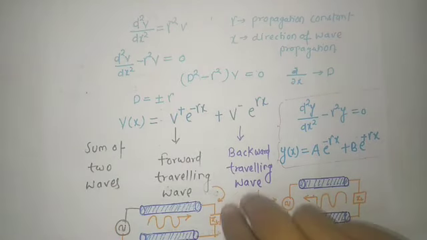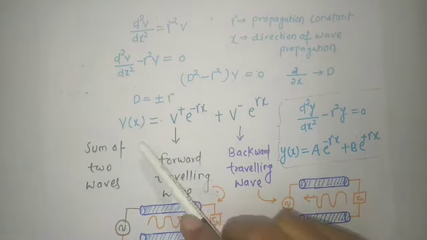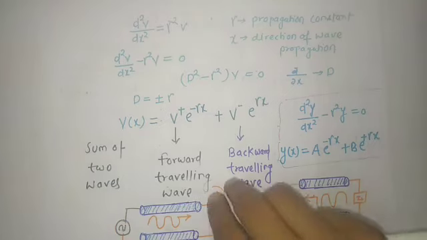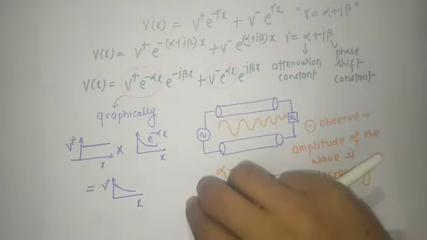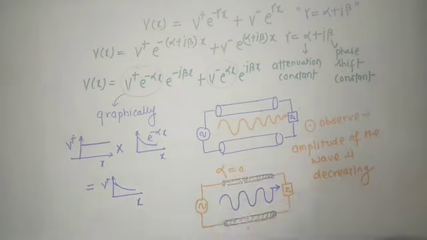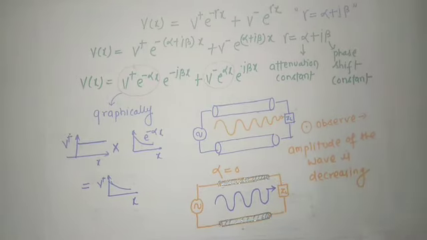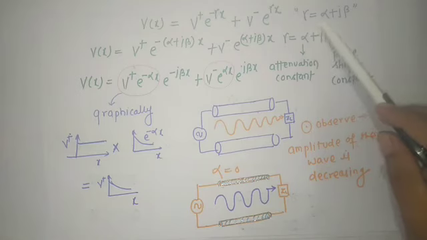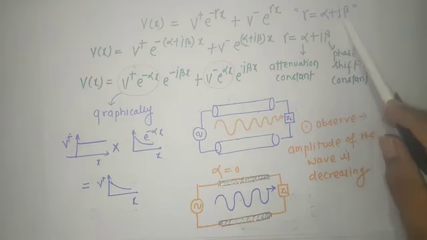Another thing we can notice is that voltage is a function of x. If we change the value of x, if we change our location, then the value of voltage will also change. Next, we know that gamma is the propagation constant. Recall that the propagation constant is a complex number, so this equation is also complex.